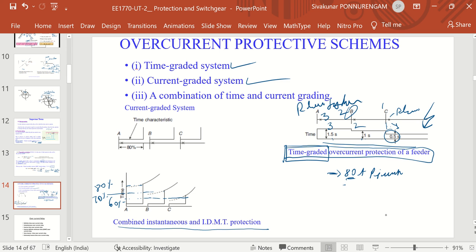So this is 80%. The current which operates the relay reaches 80% of the maximum current. What is the picking value? The pickup current. It reaches 80 percent of the rated value.